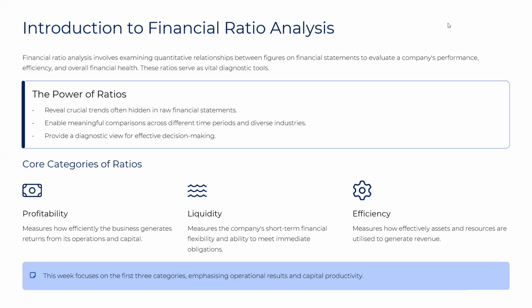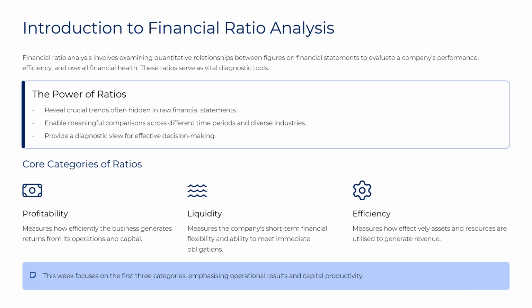Financial analysts help companies that do not even know their problem. Financial analysts will identify those problems for the company, recommend solutions, and how the company can perform better. So through ratios, we can identify problems and also recommend solutions.